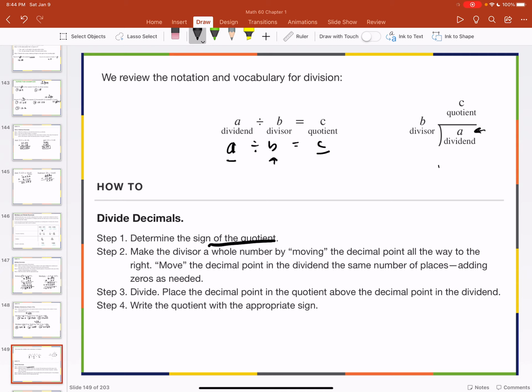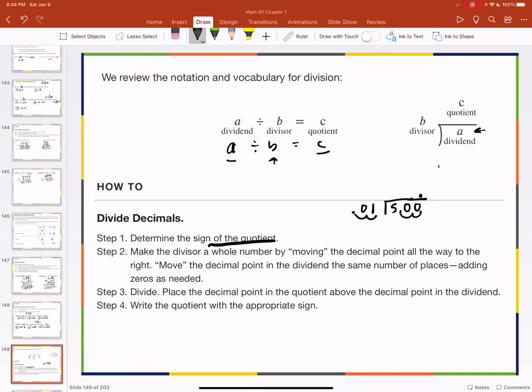Let's say we're dividing 5 by 0.01. The divisor, 0.01, needs to become a whole number, so we move the decimal 2 spaces to the right, but we also have to do that inside the quote-unquote house. Since there are no decimals there, we write zeros.